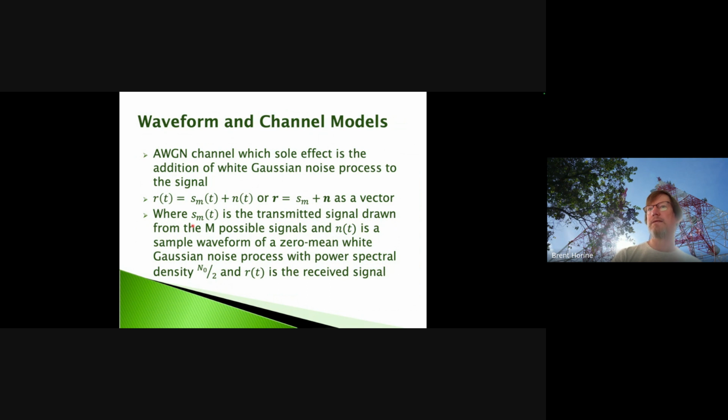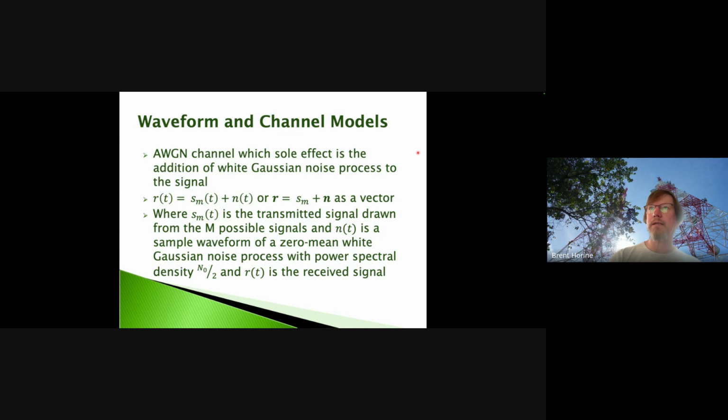Just trying to reinforce that concept there. So here we're drawing a particular sample waveform, a zero mean white Gaussian noise process. It has this constant power spectral density, which we denote with capital N naught, and we divide by 2 because that's how the math works out. And r(t) is the received signal.